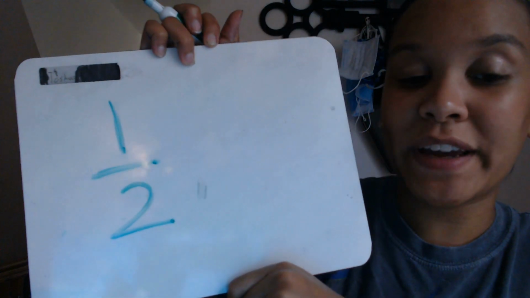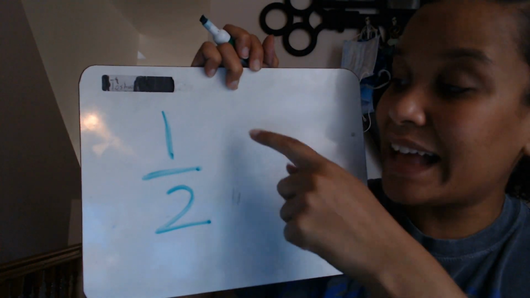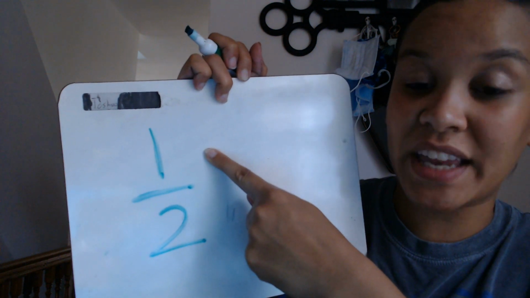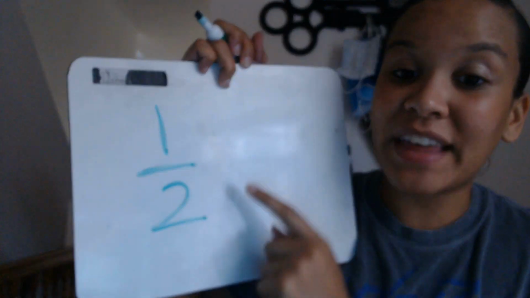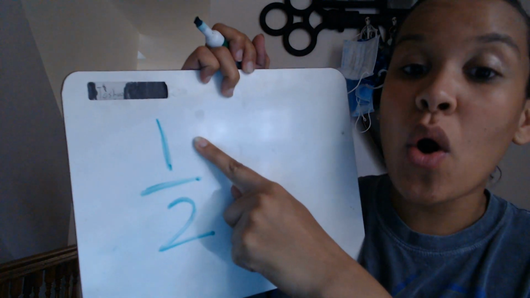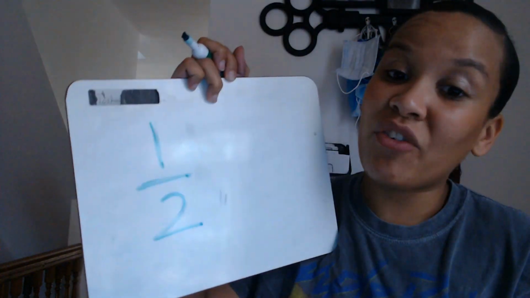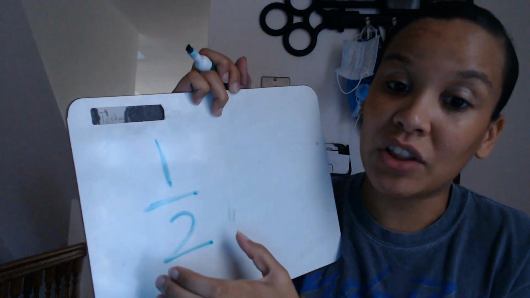Good job, guys. So don't forget, let's review. I'm going to redraw my fraction. Okay, so don't forget, our numerator is at the top. It is the number of shaded sides. For 1/2, that could be the number of shaded sides, or it could be if 1/2 of the shape is colored in.